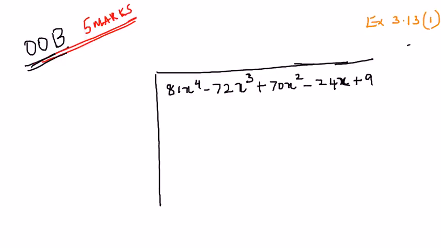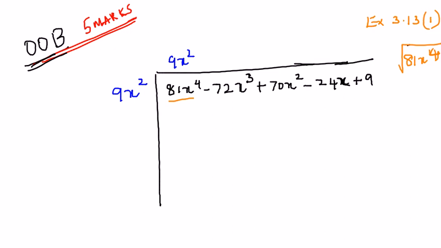So as you always know, in the division method, we will take the first term and try to find the square root of that. So what is the square root of 81x^4? It is nothing but 9x squared, right? So we write that down here, and here also we write 9x squared.